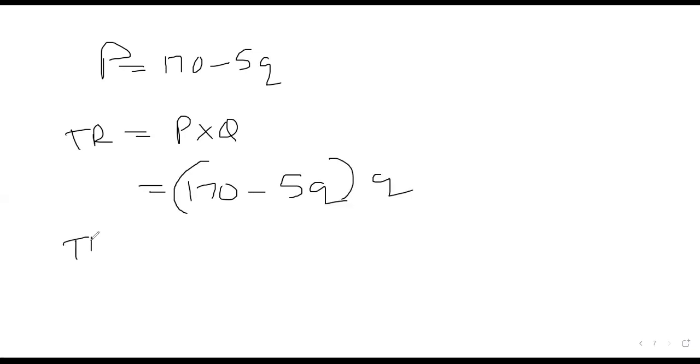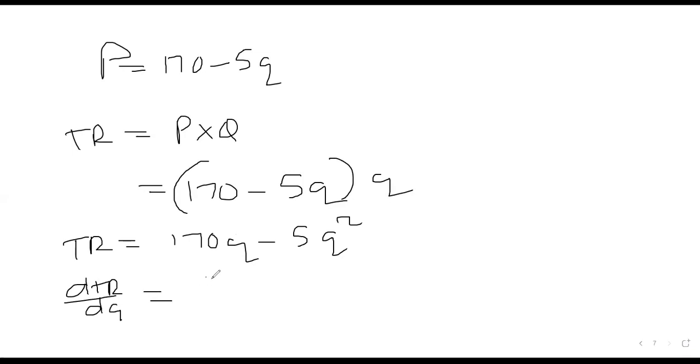So our total revenue becomes what? 170Q minus 5Q squared. So to differentiate this, TR over the Q, here we're going to have 170 minus 10Q. So this is how we differentiate. This is called our marginal what? Our marginal revenue.